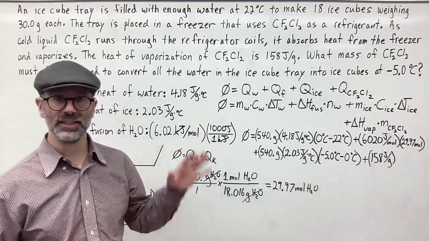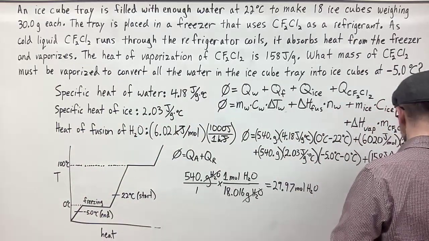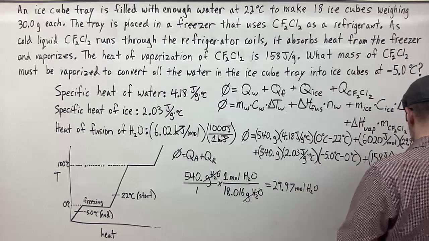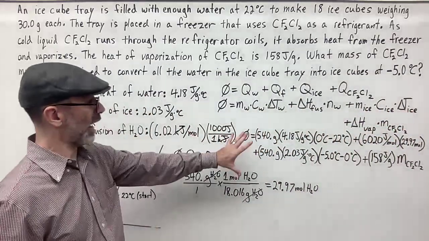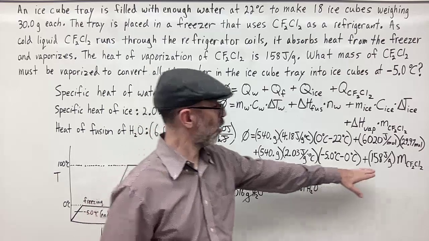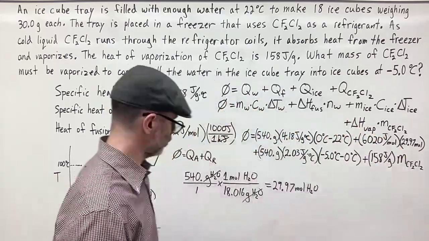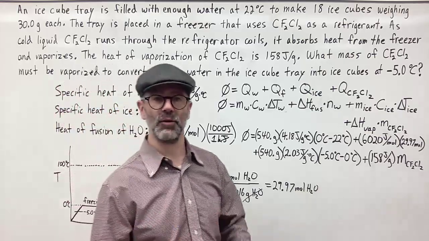We don't know the mass, so that's going to be our unknown, the mass of CF2Cl2. Okay, so now we have everything set up. So all we need to do now is solve this equation. So let me go ahead and erase the board, so give myself some room, and we'll continue.